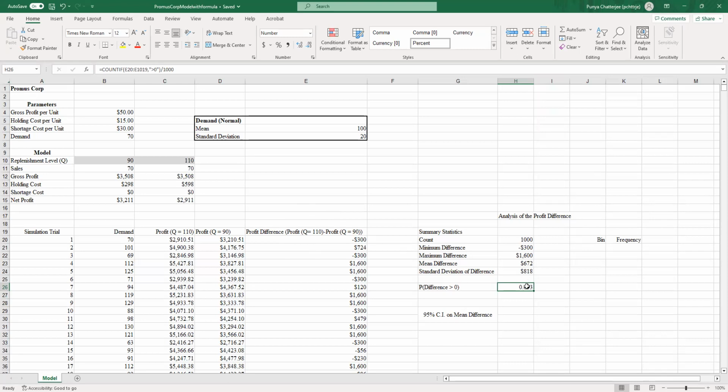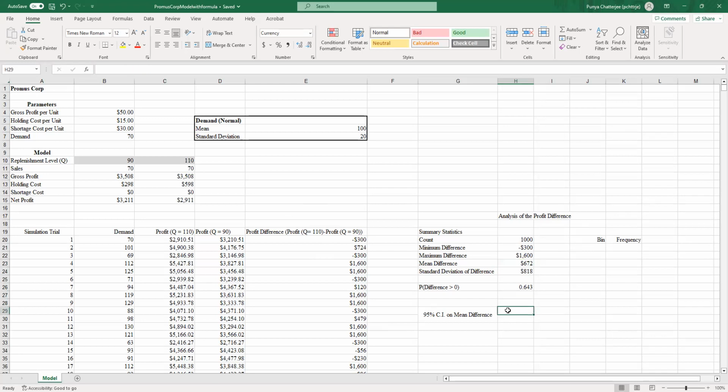So just based on this probability, you could say that replenishing 110 units will be better than replenishing 90 units. You could also look at the average difference. You see that the average difference is positive, right? Which again means that 110 is better than 90. So the profit for 110 would be higher than the profit for 90.